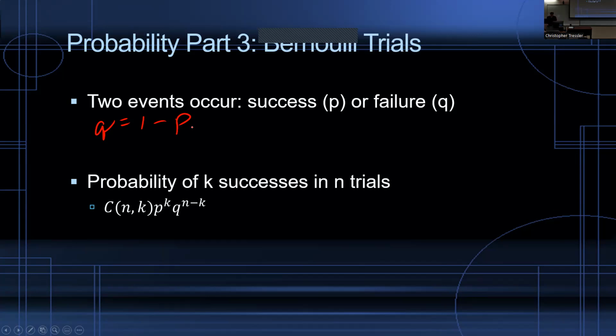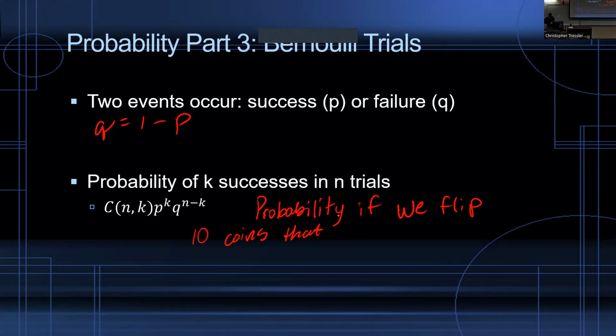I wrote down a good example. So let's see, what is the probability, if we flip 10 coins, that we get 7 heads?